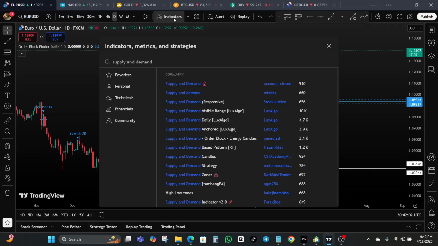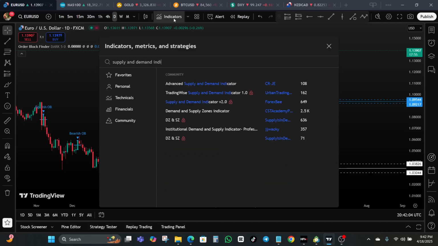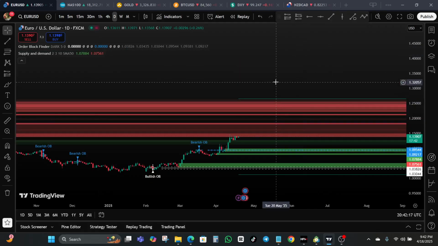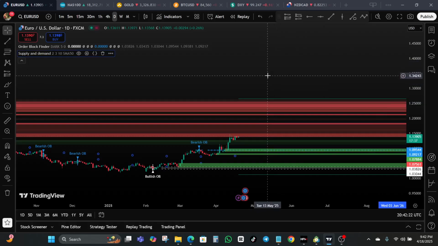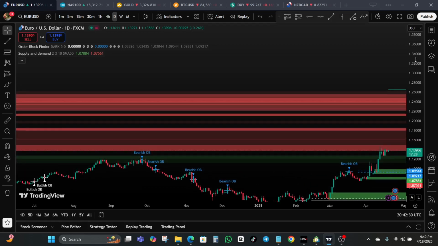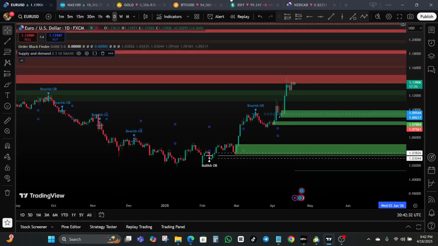All right, the supply and demand indicator. Okay, so the supply and demand indicator, as you can see, it highlights premium and discount zones based on historical price action.